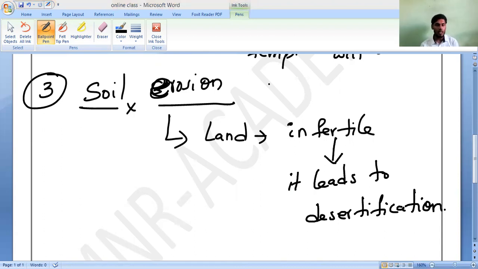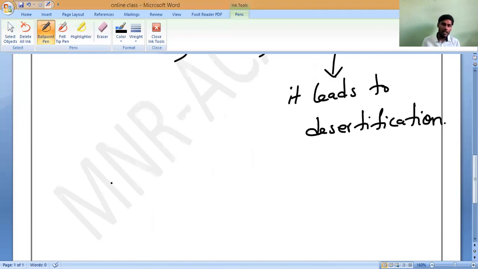If plants are present, whether small trees or big trees, the roots of the trees bind the particles of topsoil together. Yes or no? Let us take one tree or one plant.